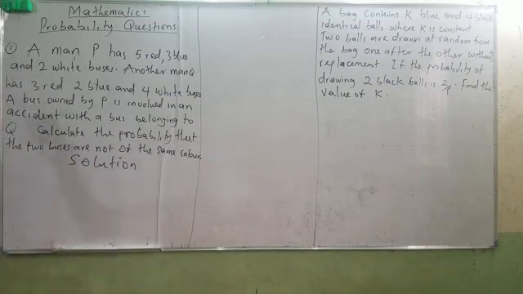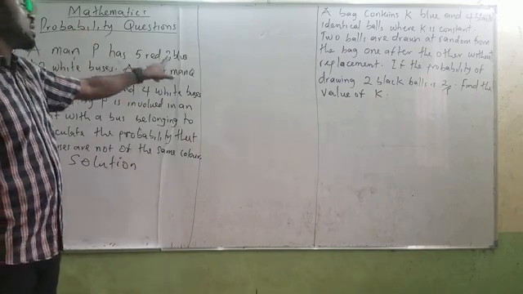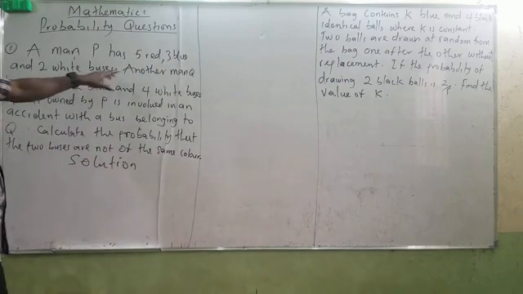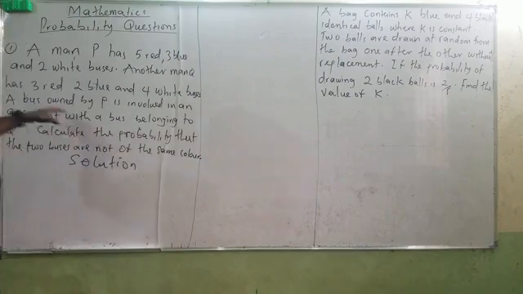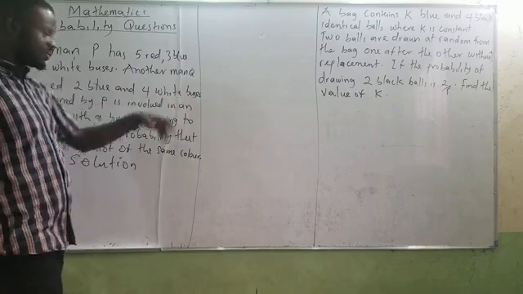Now, the first question says a man P, which is a name, has 5 red, 3 blue, and 2 white buses. Another man Q has 3 red, 2 blue, and 4 white buses.